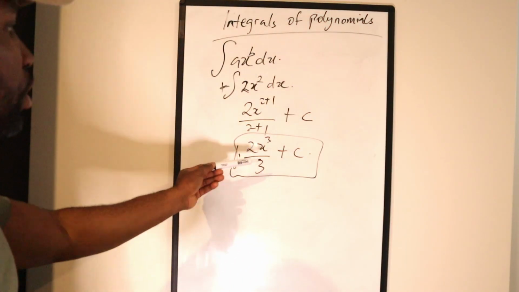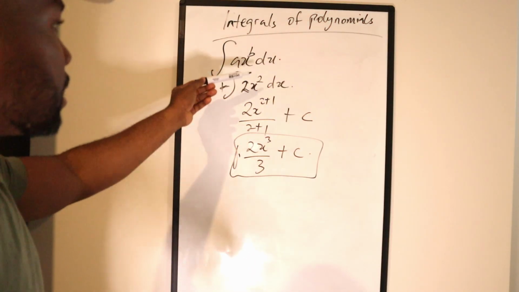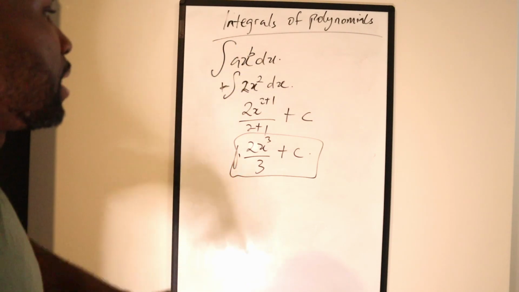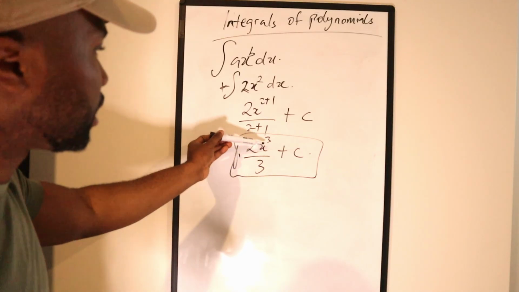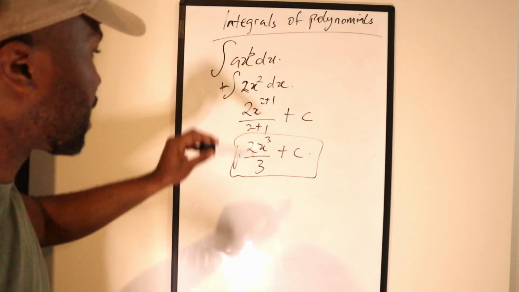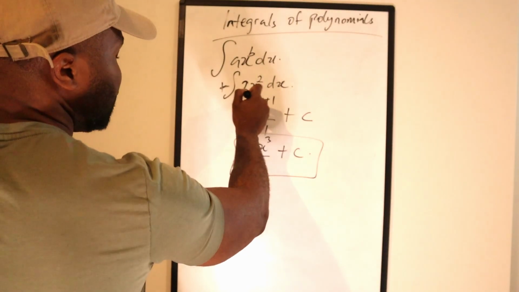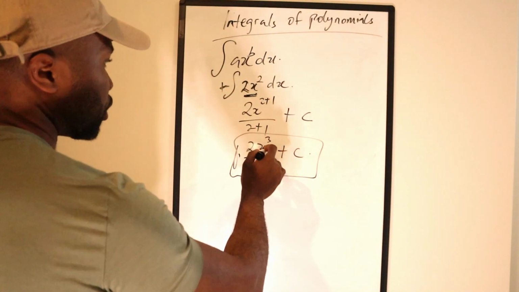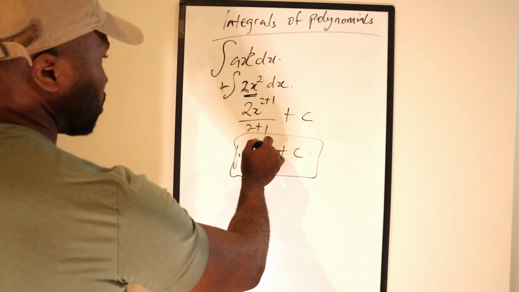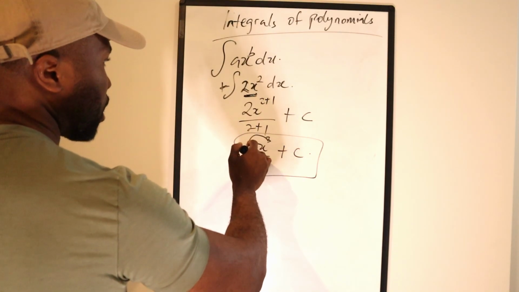When we differentiate this answer, we'll get back what we have. Let's say you want to prove that when you differentiate this answer, we get back our initial expression, 2x raised to the power of 2. For differentiation, we bring the power in the front.